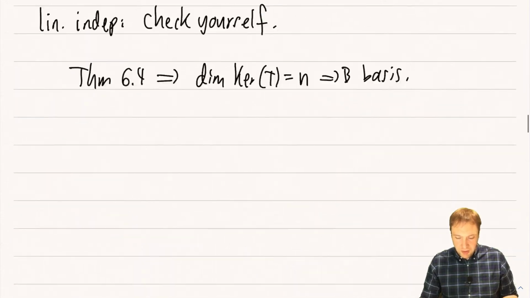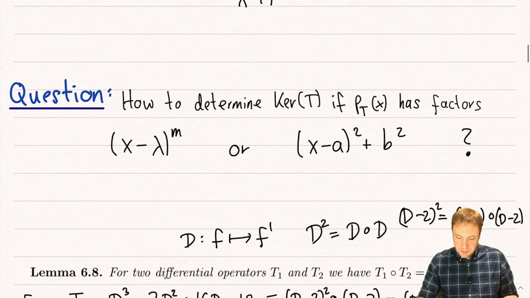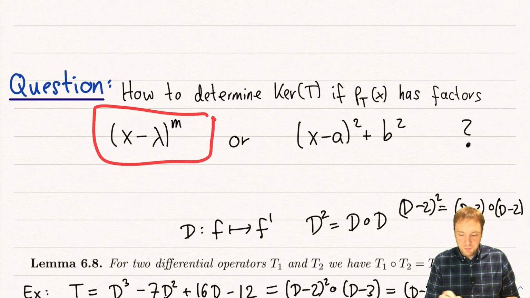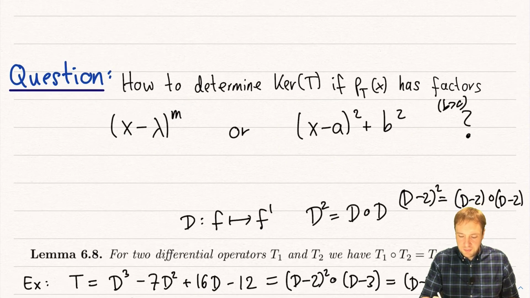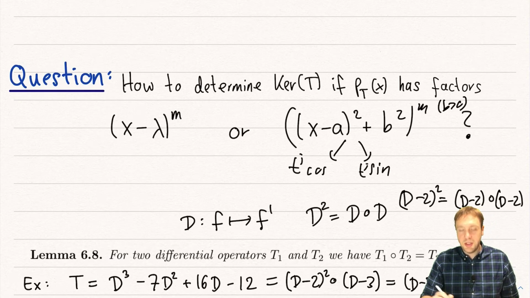So let me recap here. Let's go back to the question. So this part here we did before, and now we did this part here, b is greater than 0. And the statement here is that this gives us 2 functions, the cosine and the sine. And if we take it to some power m, we also have these t to the j in front.